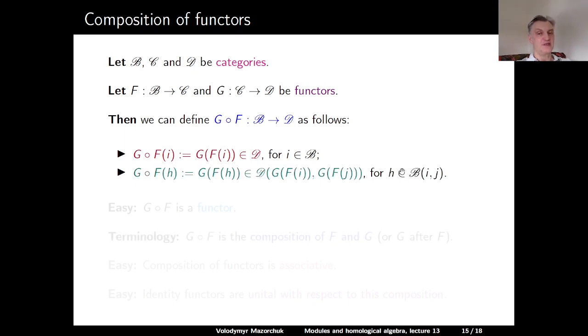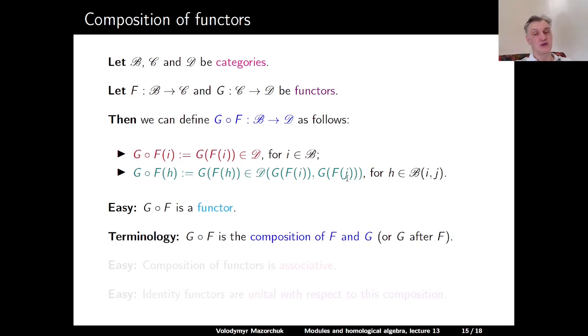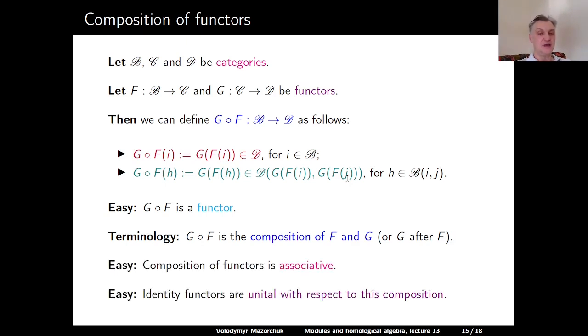And if we have a morphism h in B from i to j, then this composition applied to h is equal to G of F of h, and this will be a morphism in D from G of F of i to G of F of j. And it is easy to check that this composition is a functor, and it's called the composition of the functors F and G. It is also easy to check that composition of functors is associative, and that the identity functors have the unitality property with respect to this composition.